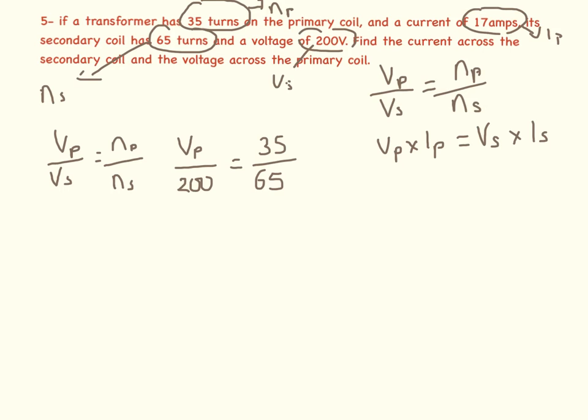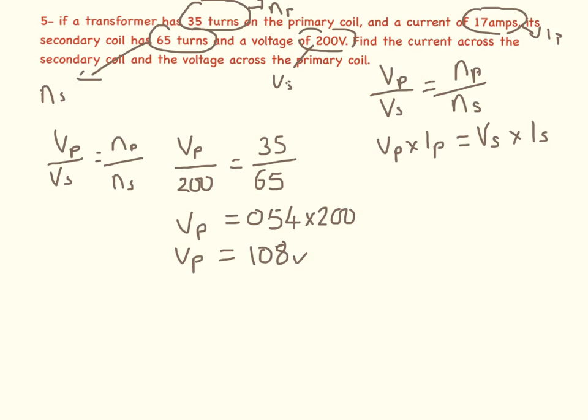So 35 divided by 65 equals 0.54 times 200. So voltage across the primary coil is going to be, let's say, 108 volts. I'm saying it's 108 volts because I'm giving my answers to the same number of decimal places that they gave it to in the question.